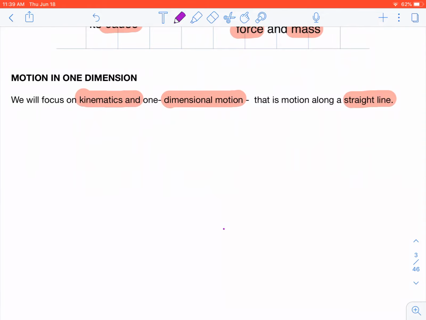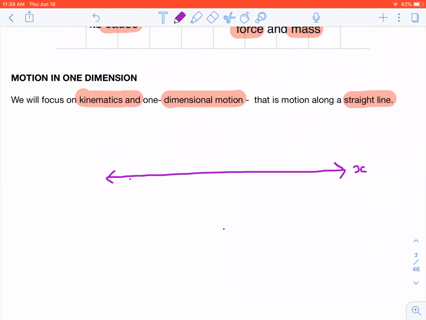And we will look at motion along a coordinate axis. So let's say, for instance, we have an axis here, and that's our x-axis. So we're going to look at motion along a coordinate line. It could be an x-coordinate line.